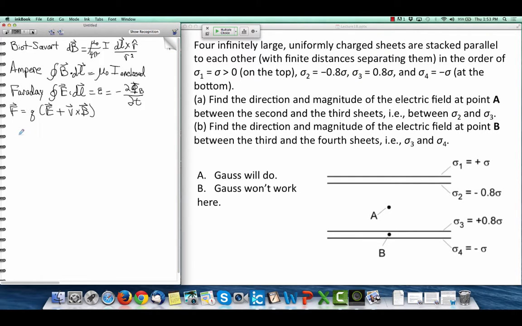There's what you might call 0-dimensional or 3-dimensional object, and that's a spherically symmetric one. And for charge distributions that are spherically symmetric, you can use a sphere for Gauss's law, for the Gaussian surface.